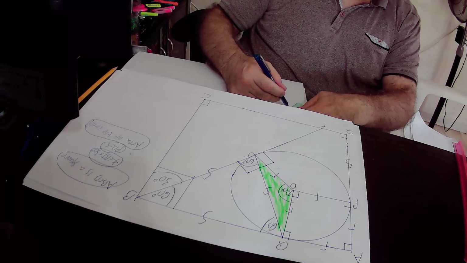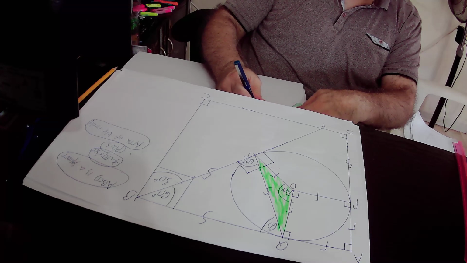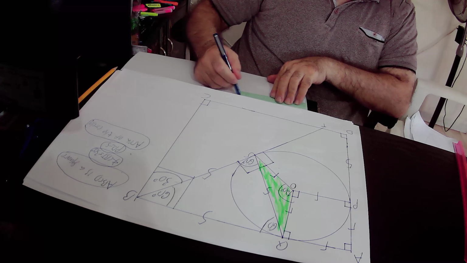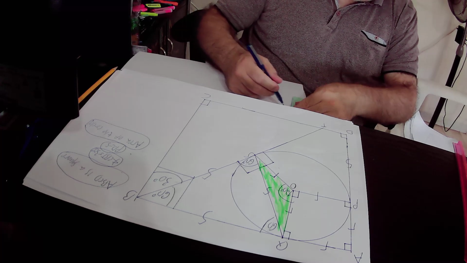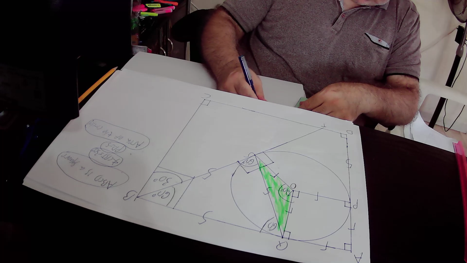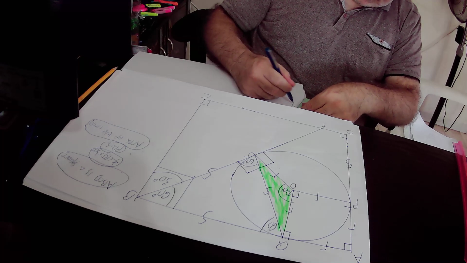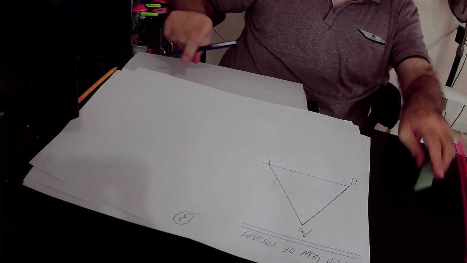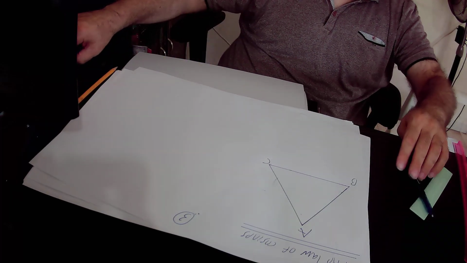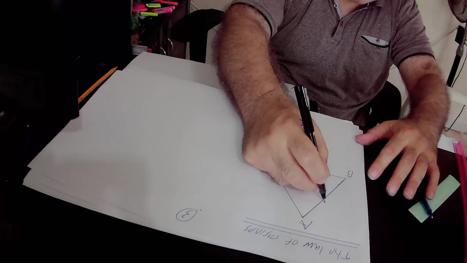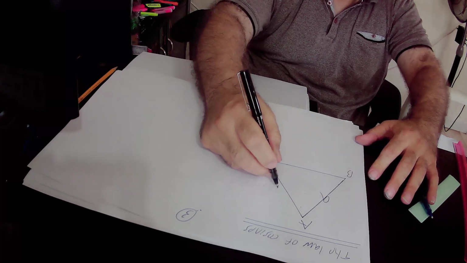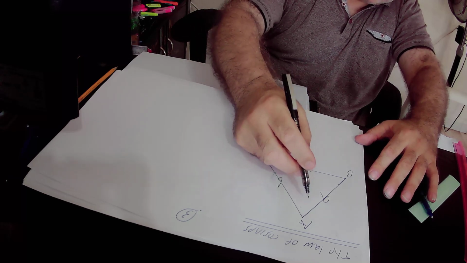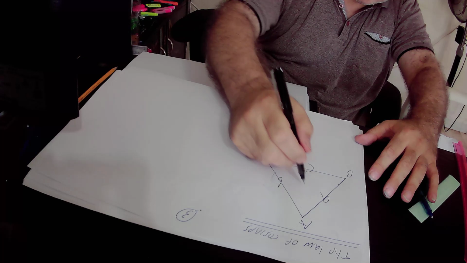So if we have triangle ABC that could be any triangle, the length of side AB is A units, the length of side AC is B units, and side BC equals C units in its length, and the angle between side AB and side AC is theta.